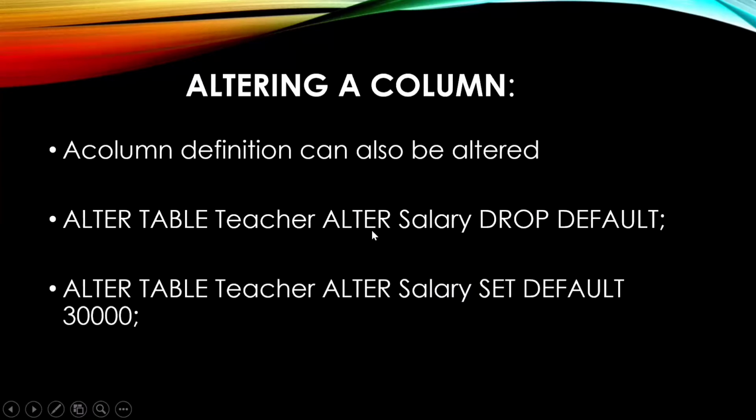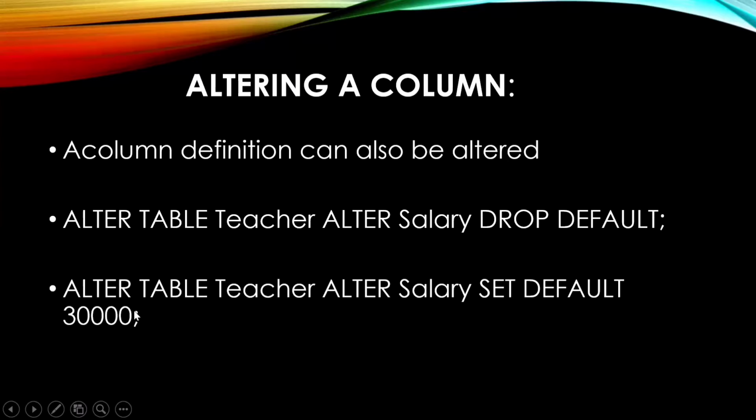So again, you will write alter, drop default. Drop default means what? The default number will be deleted on the column salary. So again, you have to write alter table teacher alter salary set default value.